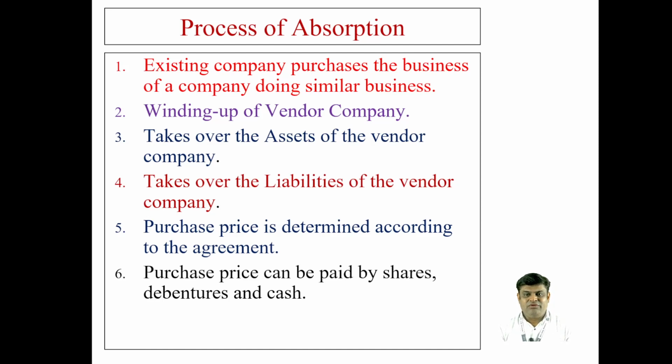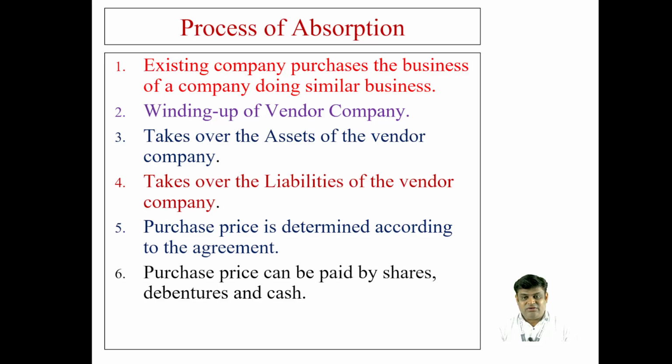Now we will see the accounting entries in the books of the vendor company which is selling its business, how its business is closed down, how the assets are eliminated from the balance sheet, and how we eliminate the liabilities from the balance sheet. As per the Companies Act, we all know that when the balance sheet comes down to zero value, when there is not a single rupee of asset or liability, then the corporate life of the company, after applying to the ROC, comes to an end.